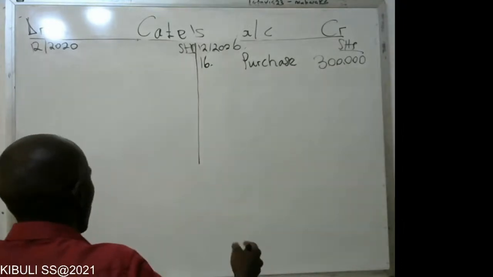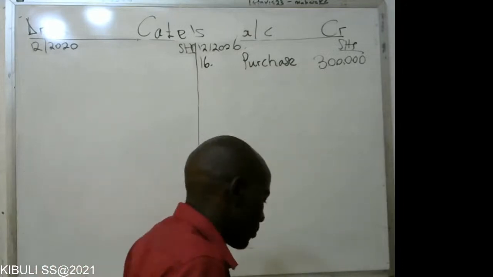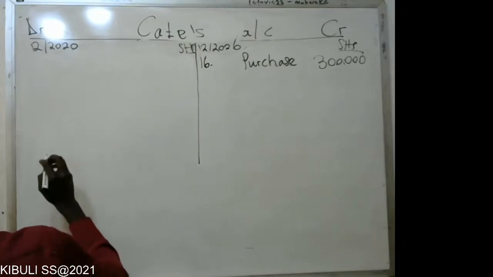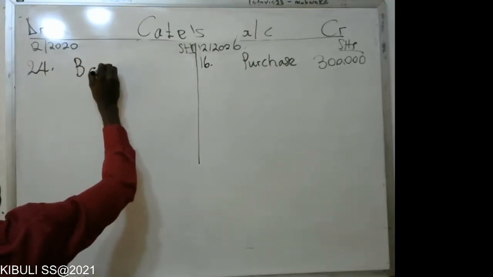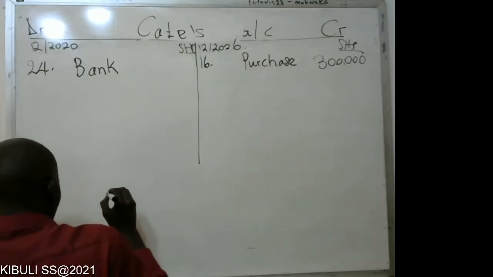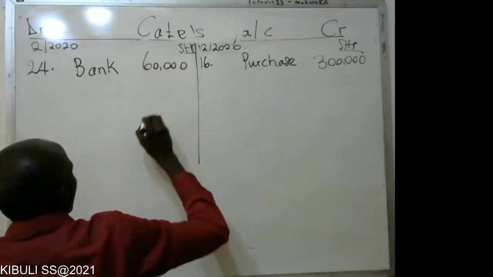To settle the account means paying someone. So because we are paying Kate on 24th, that means Kate received from where? From the bank. How much was it? 60,000. It was just part of the debt.